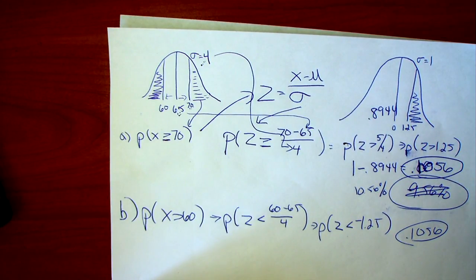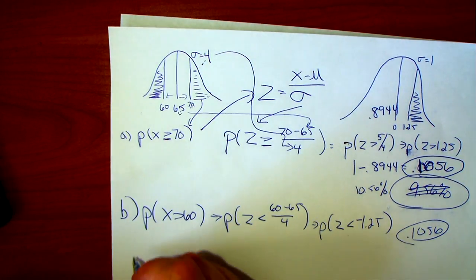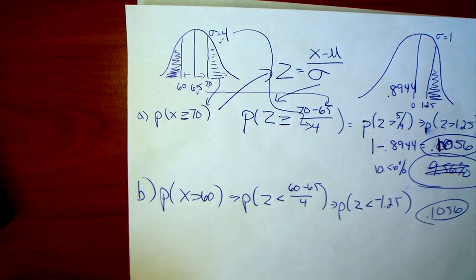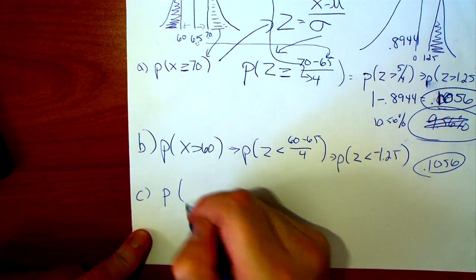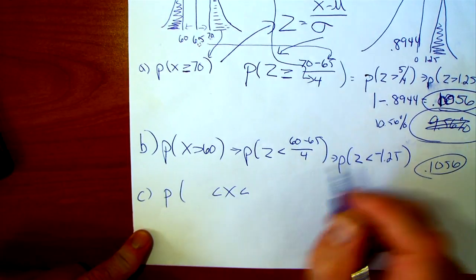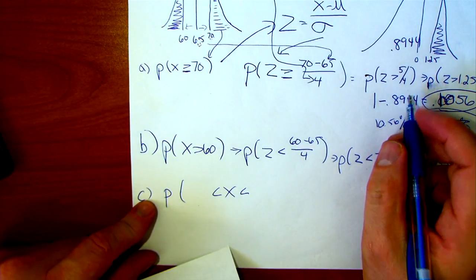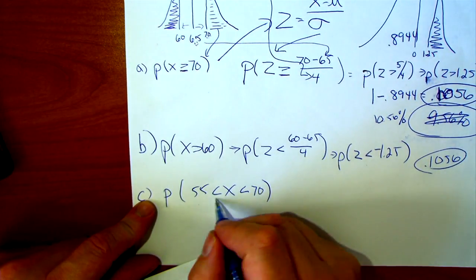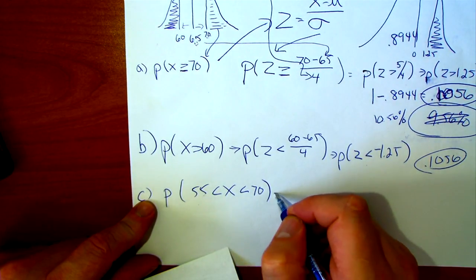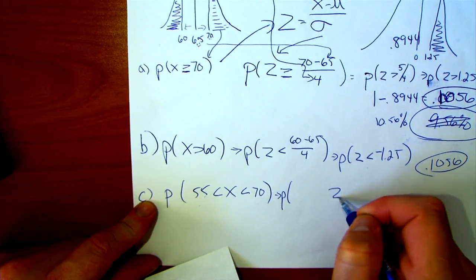And then letter C, hopefully we don't run out of space here. C says, hey, how about if x is between 55 and 70? Okay, well, I have two x values, 55 and 70. I need to translate both of them to z-values.